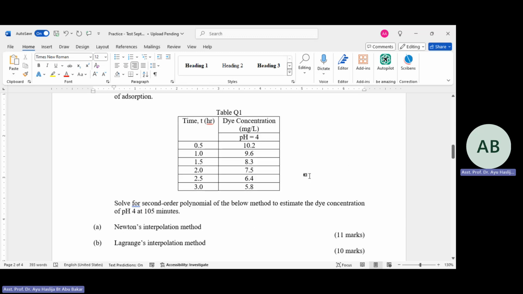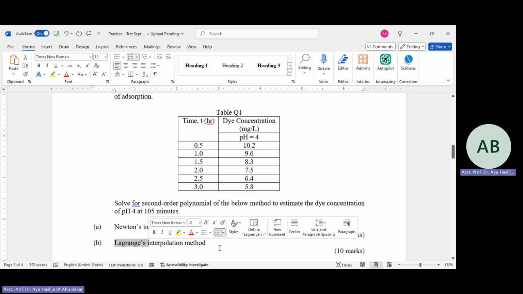Okay. Now yesterday we had done Newton. Today we proceed with Lagrange. We focus on Lagrange only.